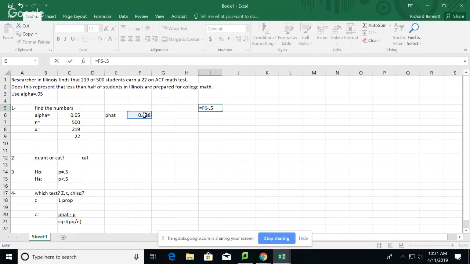That's what I was going for. And the denominator is the square root of 0.5 times 0.5 divided by 500. Okay, so we'll pretend that's a fraction. We'll get this divided by that. And what is that value I just found?